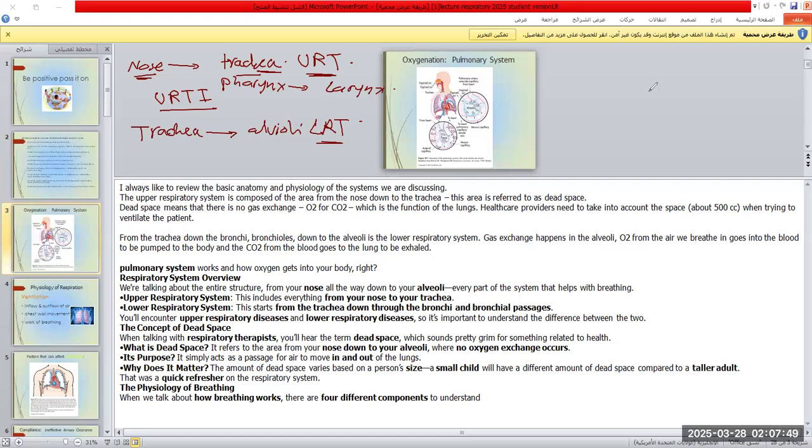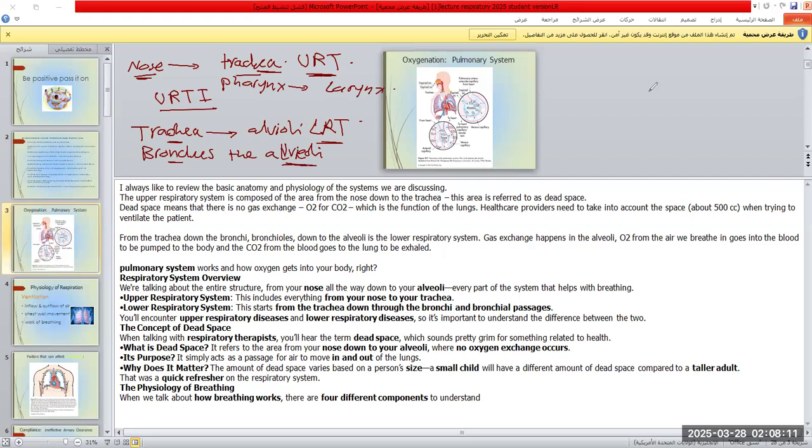This is our upper respiratory tract. And the lower consists of trachea, then bronchus, then alveoli. Yes, trachea, then bronchus up to alveoli.